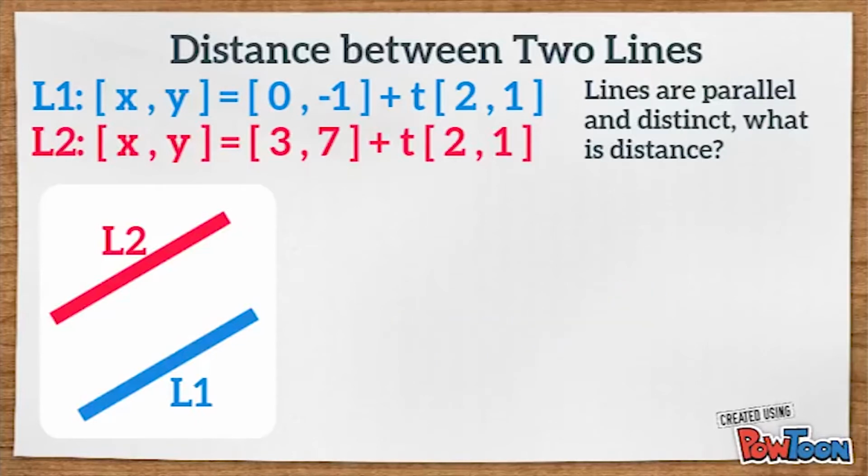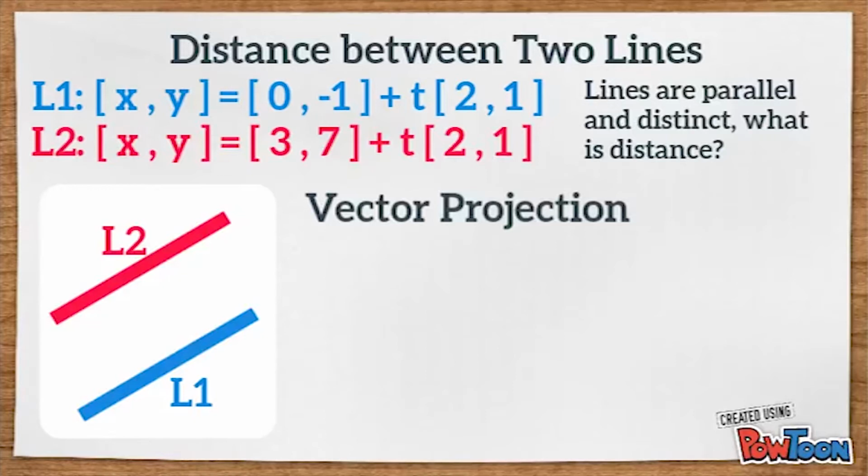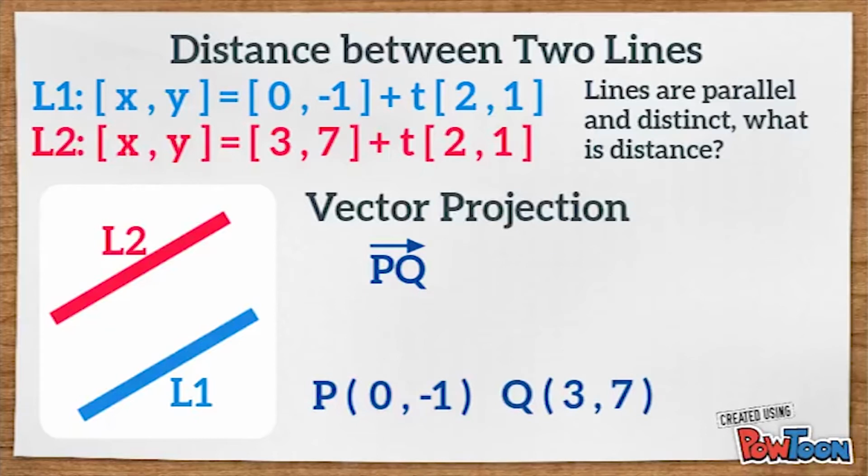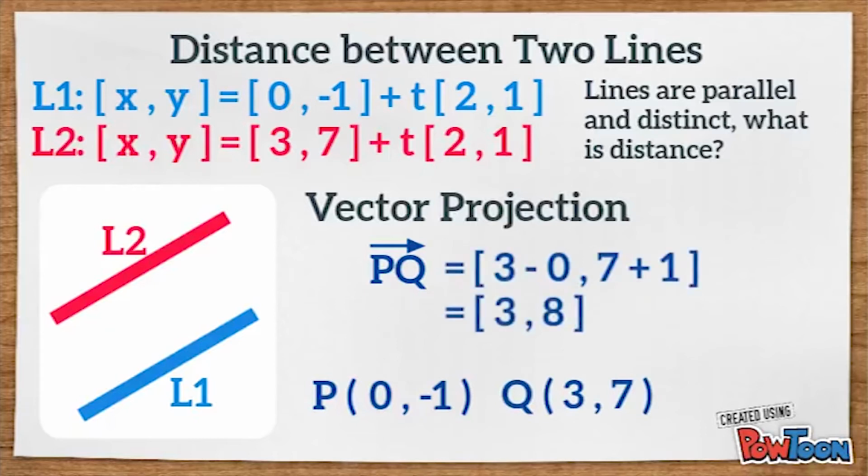The distance between the two lines can be calculated using a vector projection. To calculate length using a vector projection, remember that we need two things: a vector PQ between any two points on the lines, and a vector n, a normal to both lines. To find PQ, we can simply use a given point from each vector equation of the line. Let P be (0, -1) and Q be (3, 7). PQ will be just (3, 8).